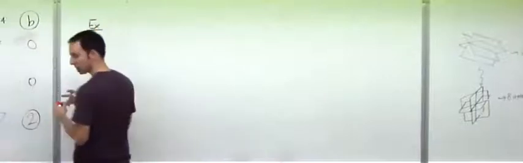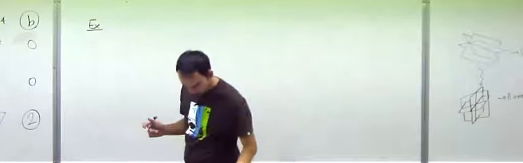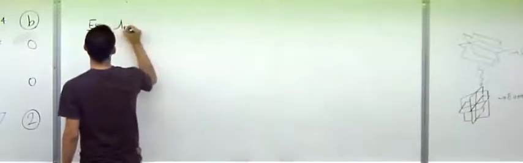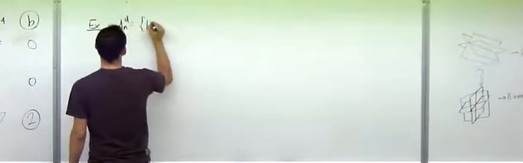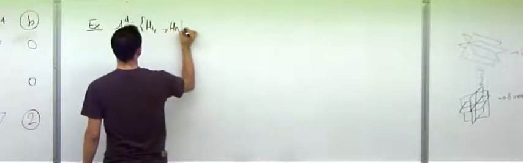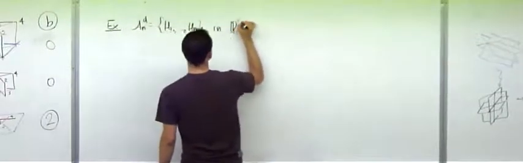So let's do a last example of this, which in my notes I called A_n of d, and these are n hyperplanes in general position. Okay. And what does general position mean?